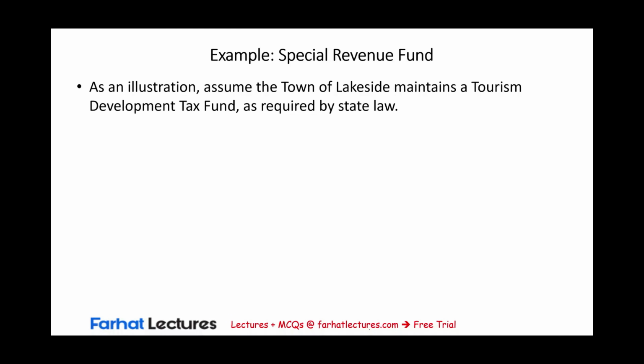So to illustrate the concept of the special revenue fund, we will work this example. As an illustration, assume the town of Lakeside maintains a tourism development tax fund as required by state law. So we are dealing with this special revenue fund, the tourism development tax fund. You guessed it, it's helping promote tourism.